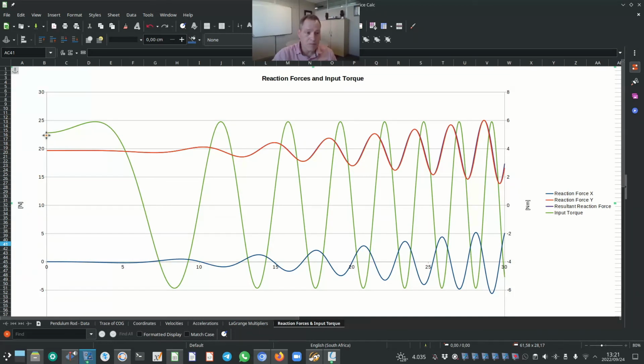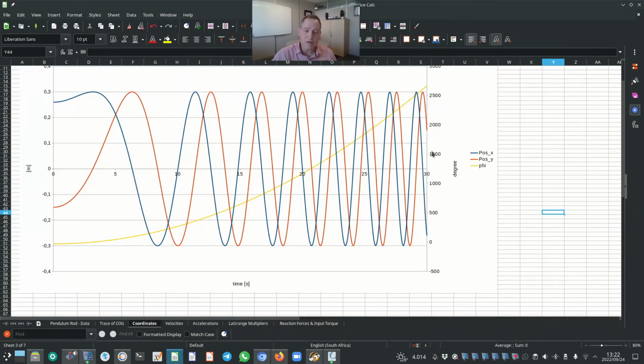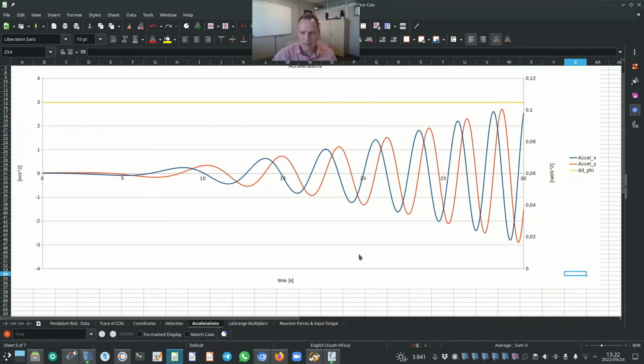But be that as it may, what is also plotted on this graph is the input torque in green, and this is against the secondary y-axis in Newton meters, and it also oscillates, but the amplitude of oscillation remains constant, approximately 12 Newton meters from +6 to -6, although the period of oscillations shortens as time goes by. And this response is exactly in line with what we saw with the plot of the coordinates of the driven pendulum rod, as well as the velocities, as well as the accelerations.